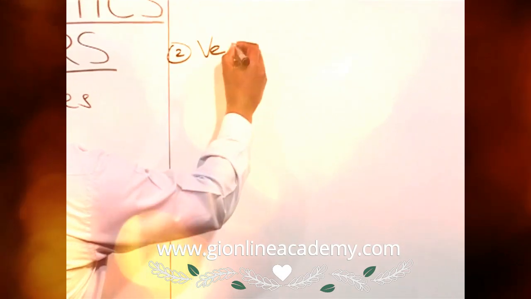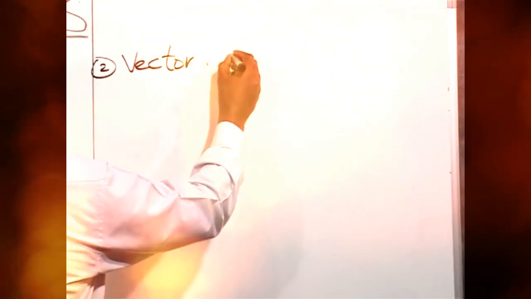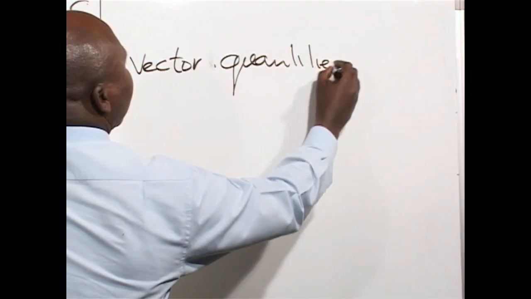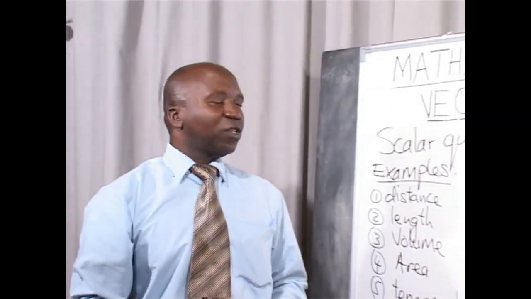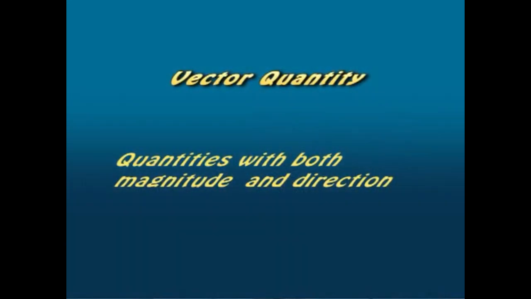A vector quantity is just the opposite of the scalar quantity. A vector quantity has magnitude also, but it also has direction. So a vector quantity is a quantity that has both magnitude and direction.